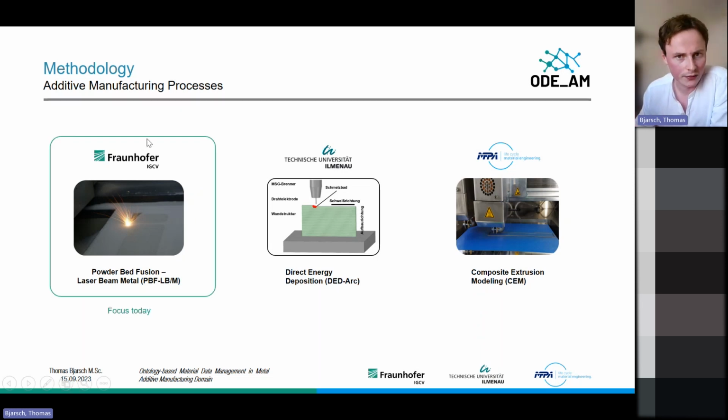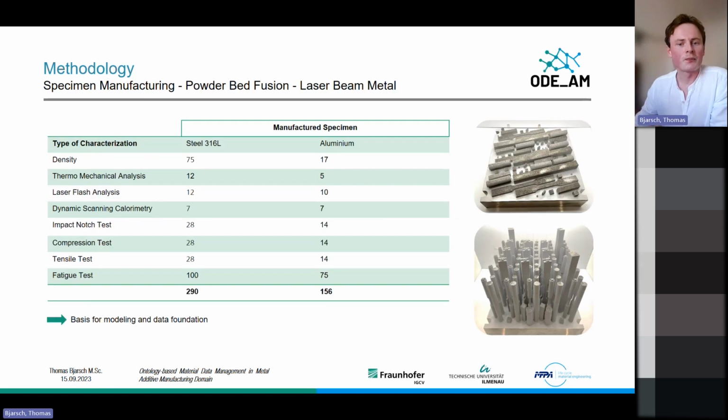Today, I will just focus on the PBF-LB process, because the web application mainly runs with this process data. So in order to have data where we can actually test and build around our model, we did a big experimental campaign.